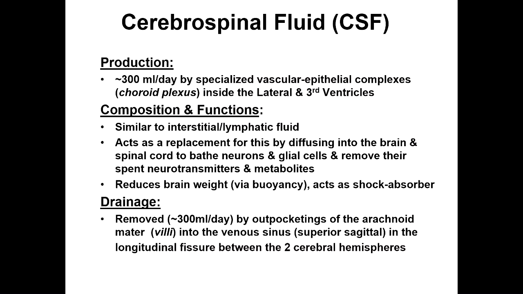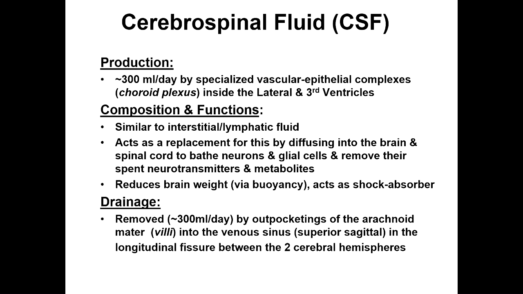Okay, so CSF is mainly produced by a specialized network of blood vessels or capillaries and epithelial cells, which are collectively known as the choroid plexus and are found mainly inside the lateral ventricles on the left and right sides underneath your cerebral cortex.